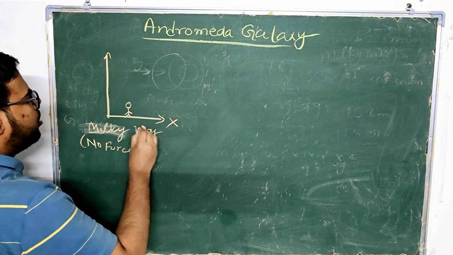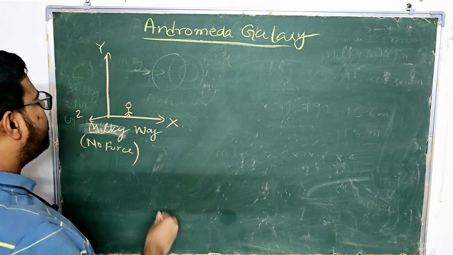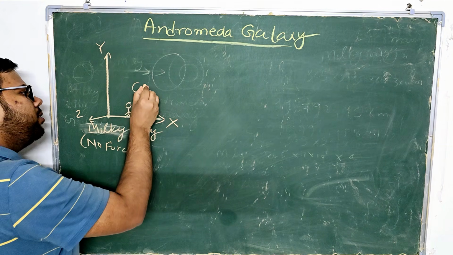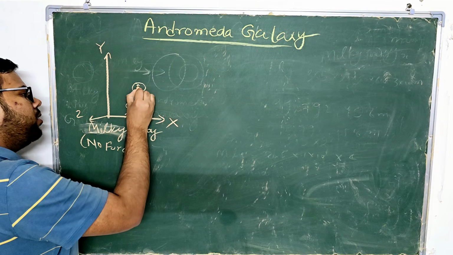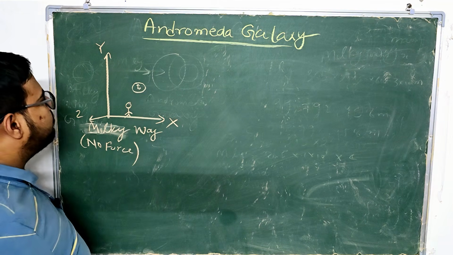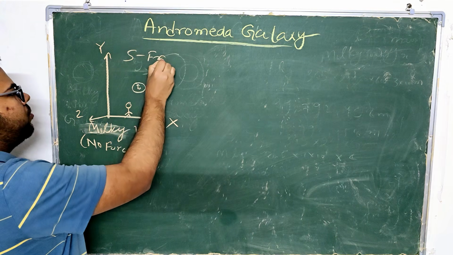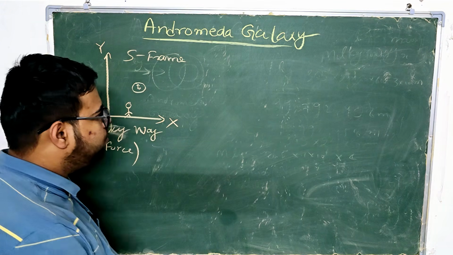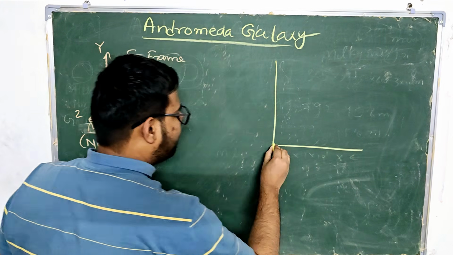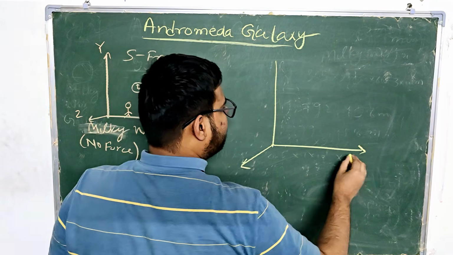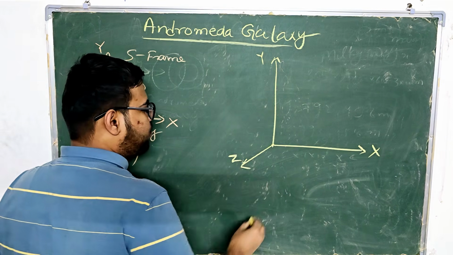Suppose this is x, y and z. Suppose there is a clock over here, in this frame, the S frame. Now assume there is another observer, with x, y and z, and another clock.